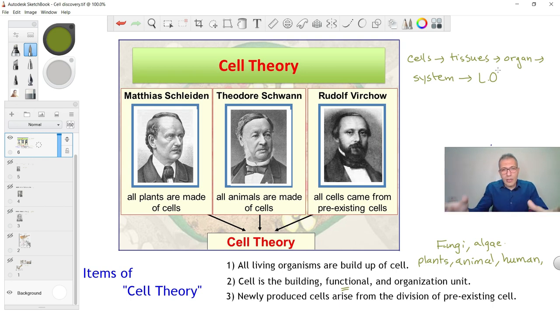So no cells come from the air, no cells fall from space, no cells come from the wall behind me, no. Cells, even if they are very tiny, like the spores produced by some fungi, bread mold or mushroom, or even by some plants that have no seeds but reproduce only by producing spores, also come from the division of pre-existing cells.